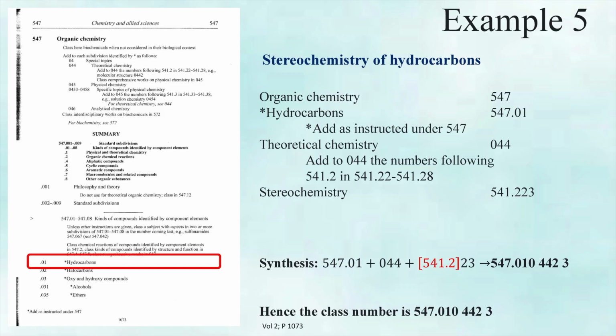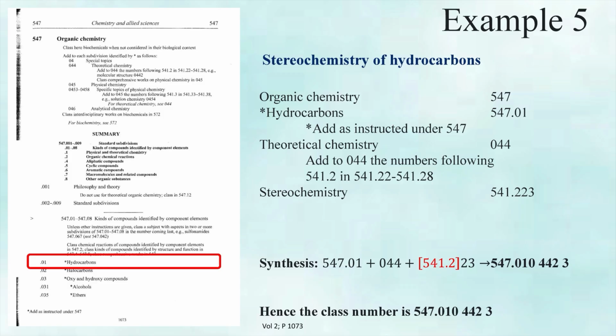That is in general chemistry, we have to find the number for stereochemistry. So again, we have moved to 541.2 accordingly. Then the number for stereochemistry is 541.223. In this particular number 541.223, we have to delete 541.2 and take only the last two digits, that is 23, with the number of theoretical chemistry, that is 044.